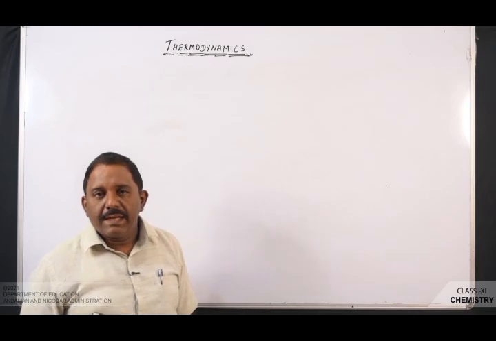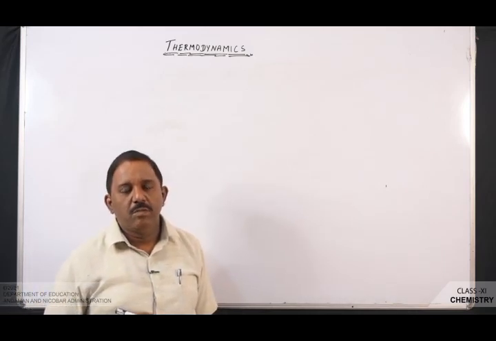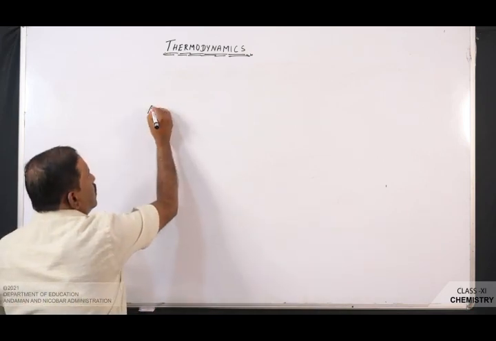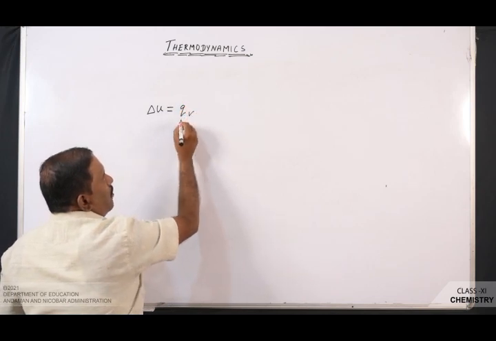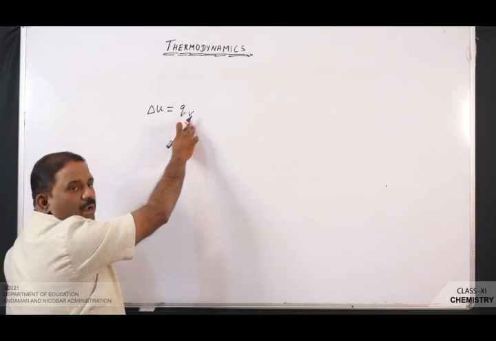So, students, the energy change that takes place in a reaction at constant volume and constant temperature is given as del U is equal to QV, where Q is the heat absorbed or evolved at constant volume.